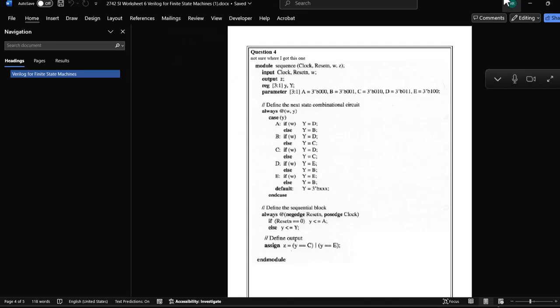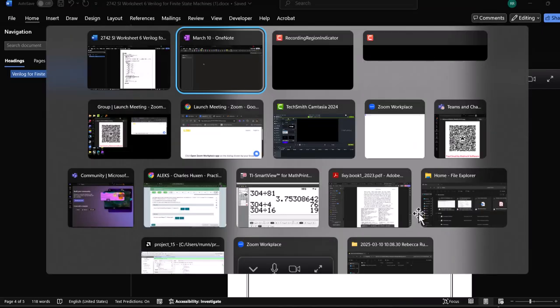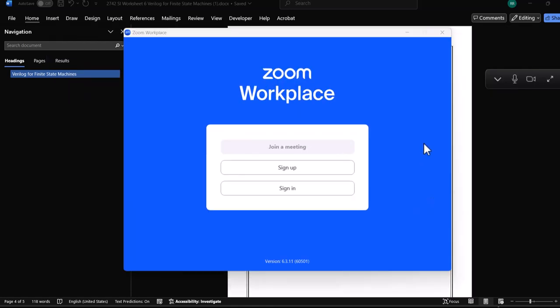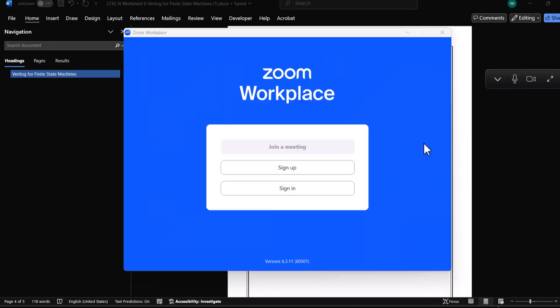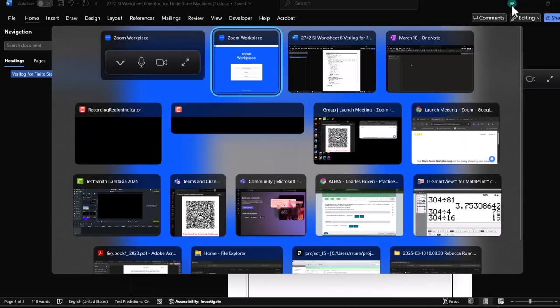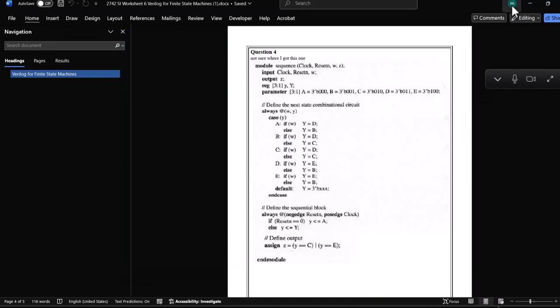And I think it sounded like I just got a Zoom person. Or did I log out of Zoom? We'll see.